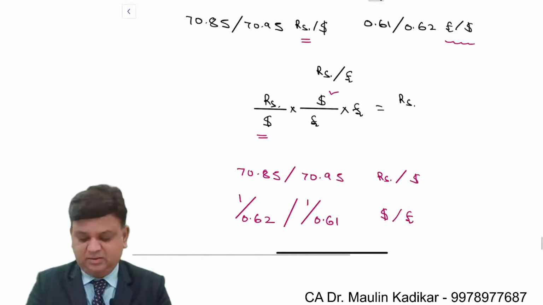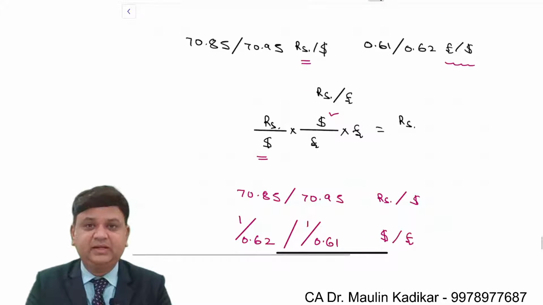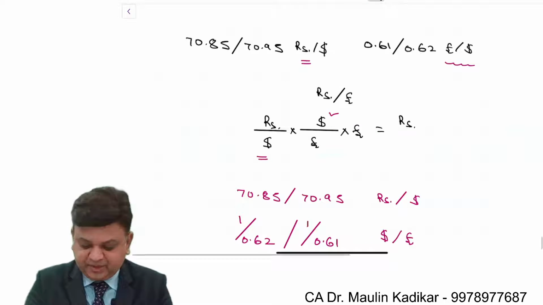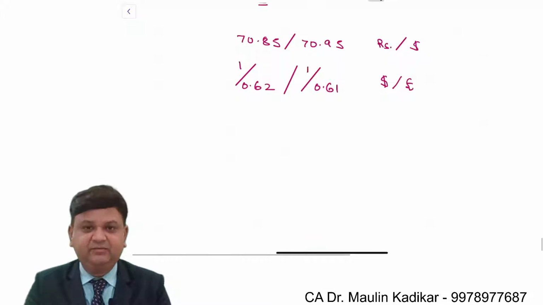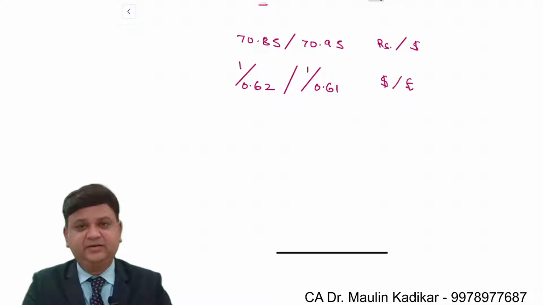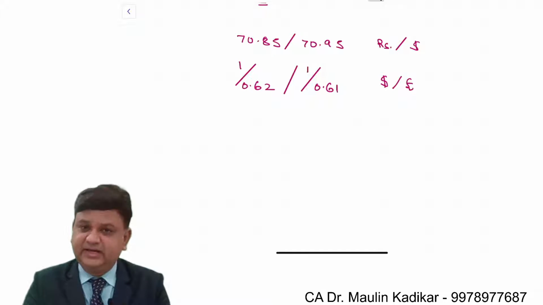When we make the reciprocal, this value goes on the left-hand side and this on the right-hand side. Why? Because whenever we form the reciprocal, we must make sure the left-hand side value is lower than the right-hand side value.